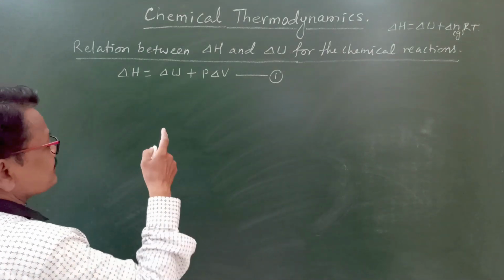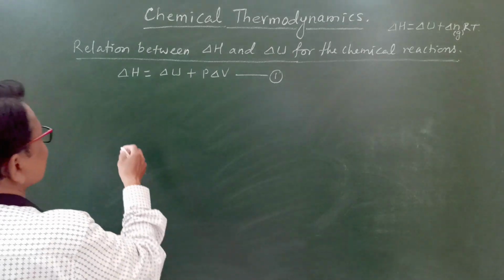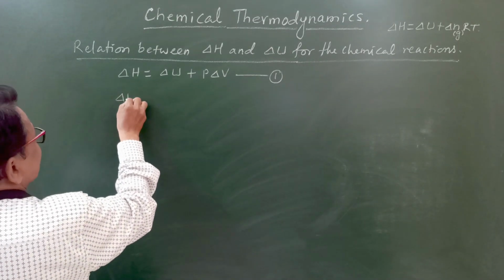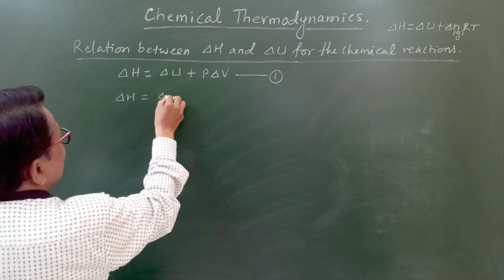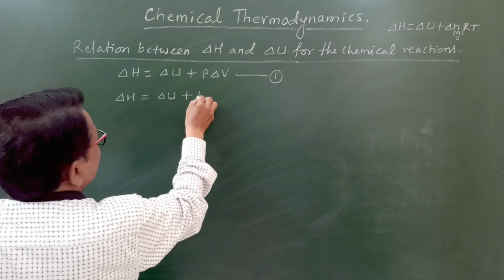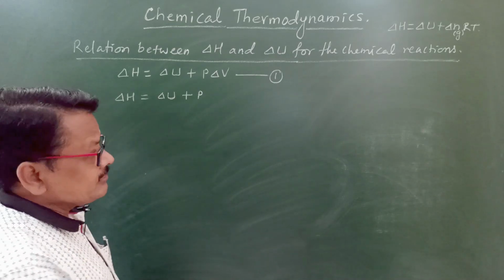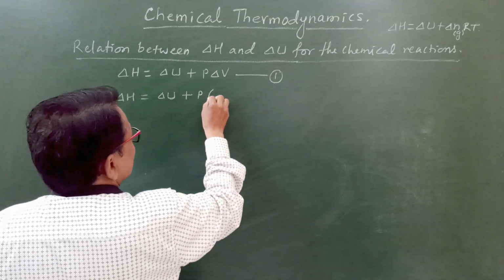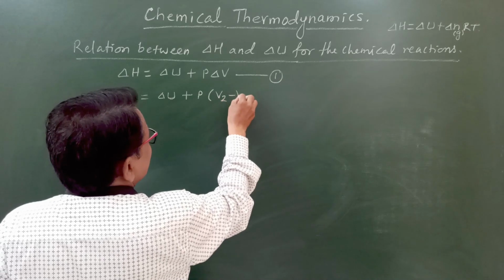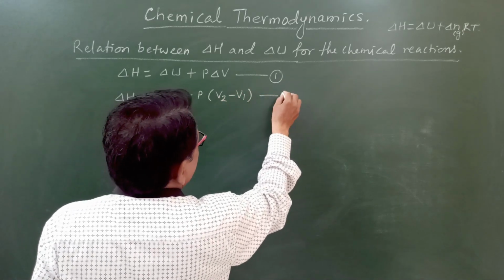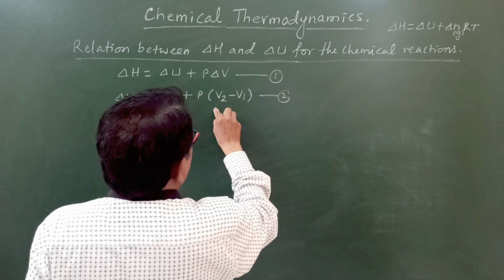Then we have to continue this equation. How? Delta H is equal to delta U plus P. What is delta V? That is the change in volume. Volume of the system at final state V2 minus volume of the system at initial state V1. So we can write delta V is equal to V2 minus V1.